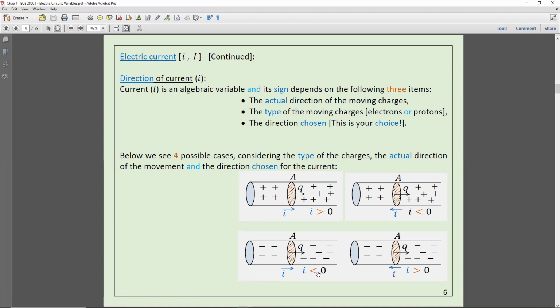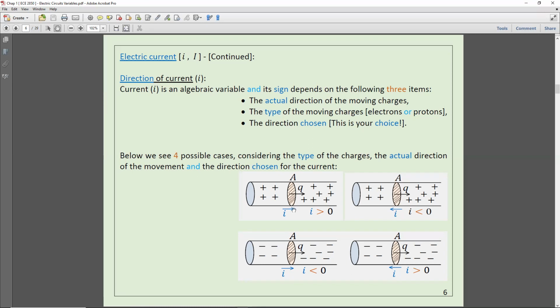You got what I'm saying? Why? Because I is actually charge over time, and the charge is negative. Here the charge is positive. So if it is electrons moving and I find I is negative, that means the direction I selected is correct.